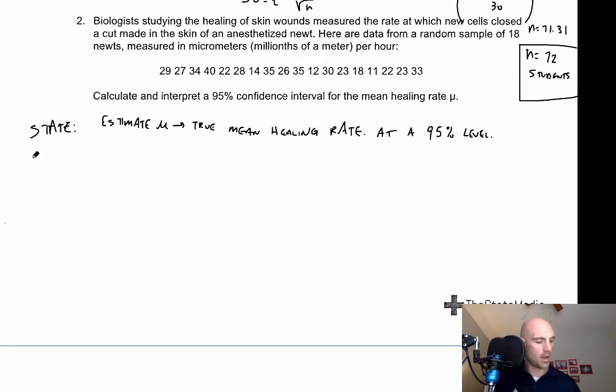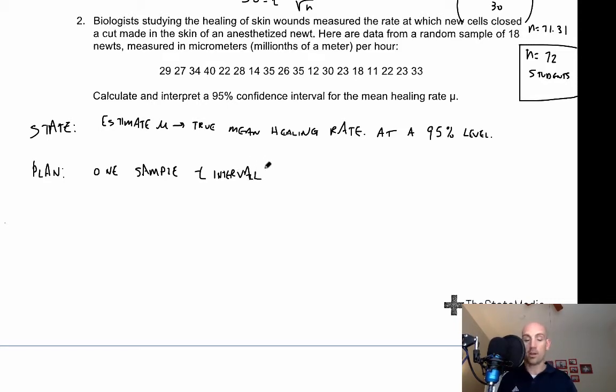Over here, our plan. Well, what do we have? We have one sample. We have one random sample of 18. And so we're going to do a one sample T interval, and why is it a T interval?